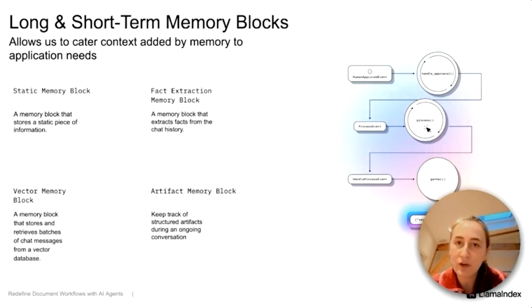You could use fact extraction memory block, and this is probably useful for applications where we really need to rely on the latest facts to be able to give the most relevant answers to users. We also have vector memory block, which is a great way to extract past conversation or chat messages that are most relevant to today's conversation. And finally, we have artifact memory block. This is kind of similar to the fact extraction memory block. However, it allows us to incorporate a short-term memory component that keeps track of some sort of structured information.